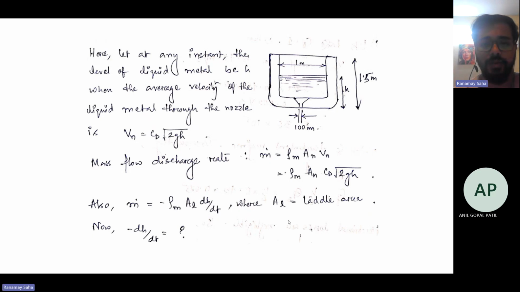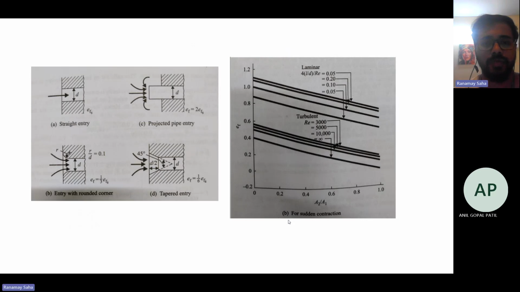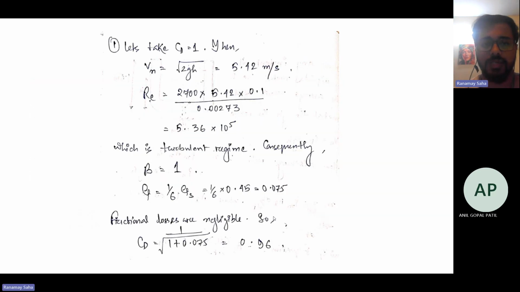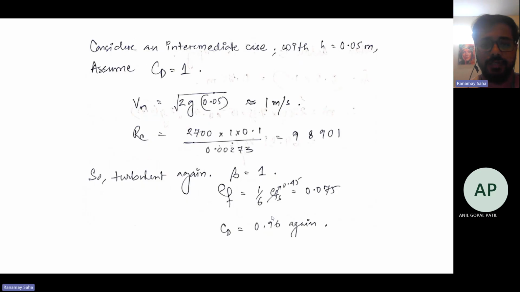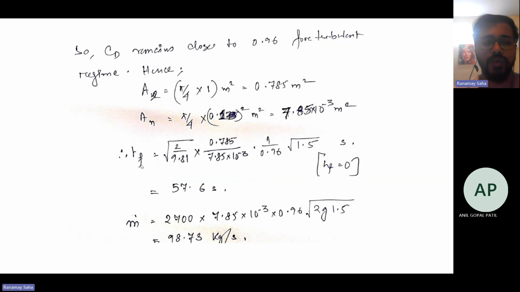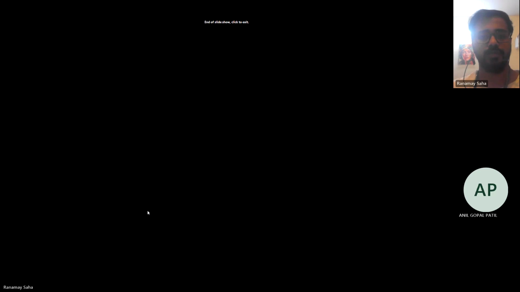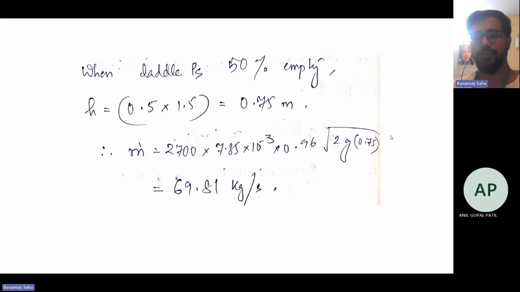Equating that, you find the total filling time, or you can say emptying time, they're equal, and the mass flow rate in both cases, when the ladle was full and when the ladle was half full. Okay. So having said that, I would like to know if you have any problem.